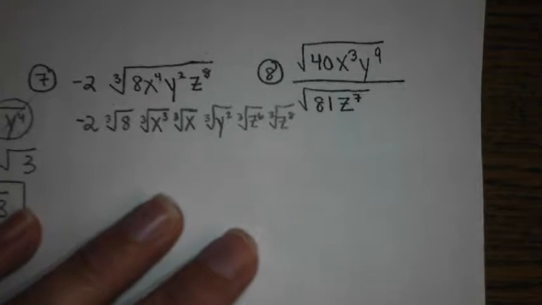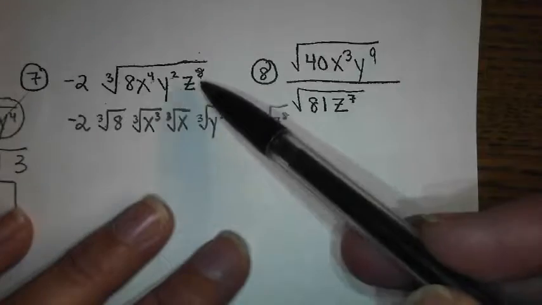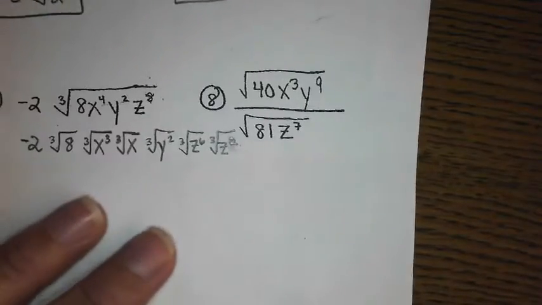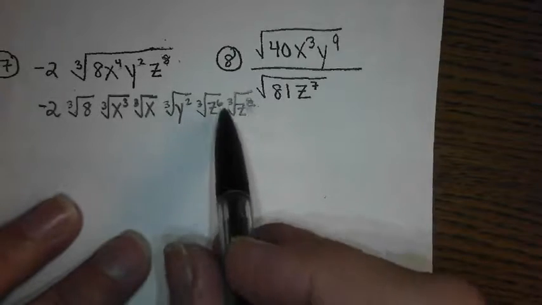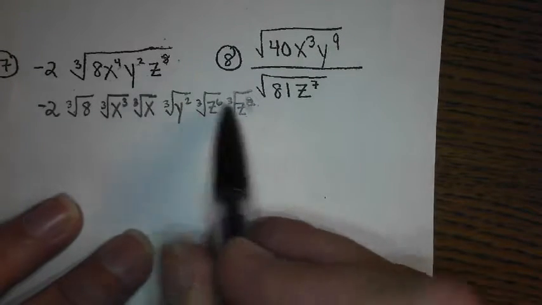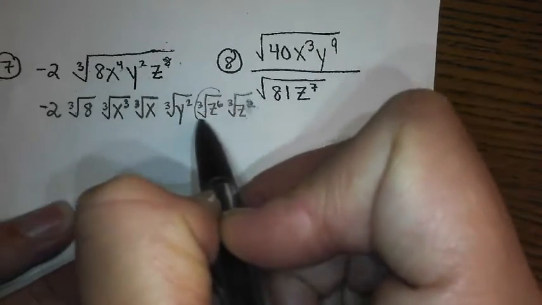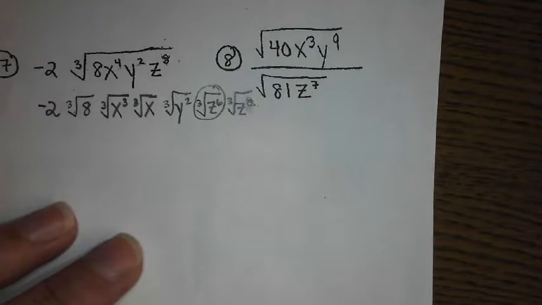I'm using exponent rules to replace z to the 8th with z to the 6th times z to the 2nd. I just wrote 8. Okay? Z to the 6th times z to the 2nd replaces z to the 8th, but I broke it up that way because I do know the cubed root of z to the 6th.